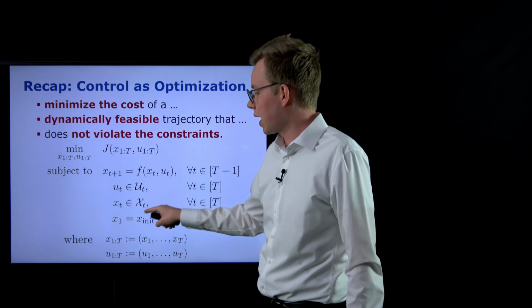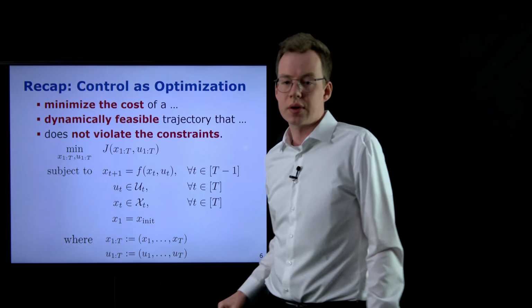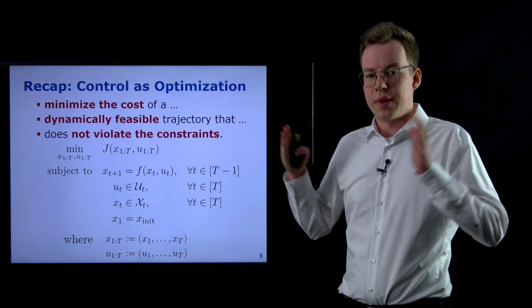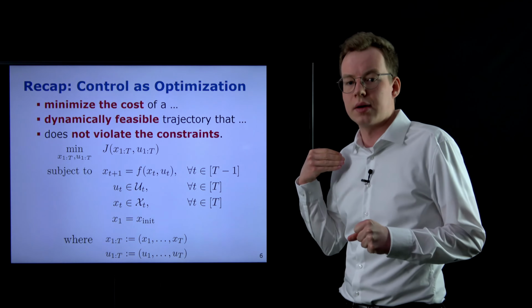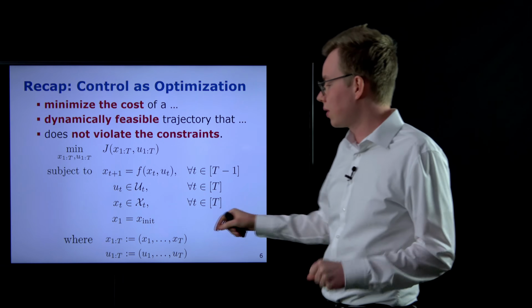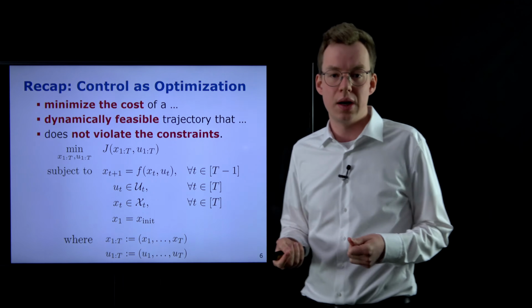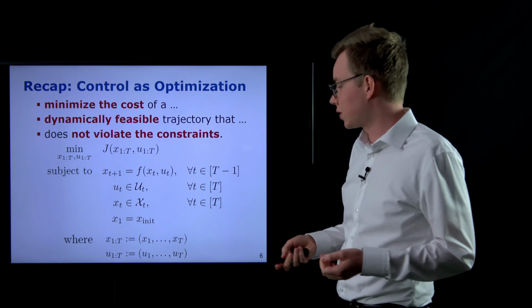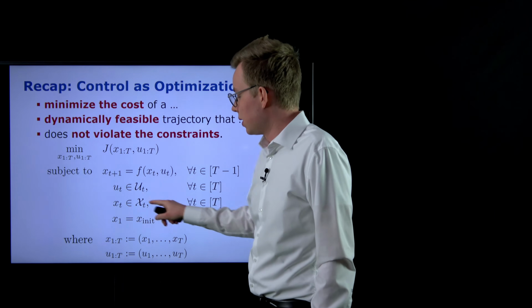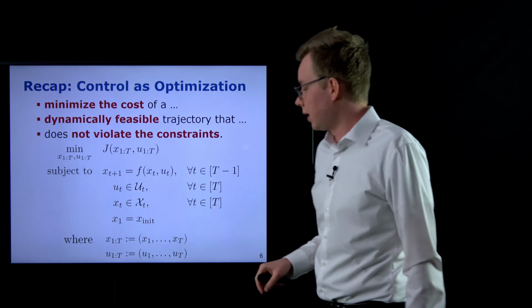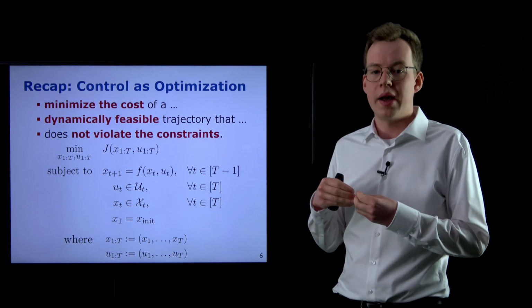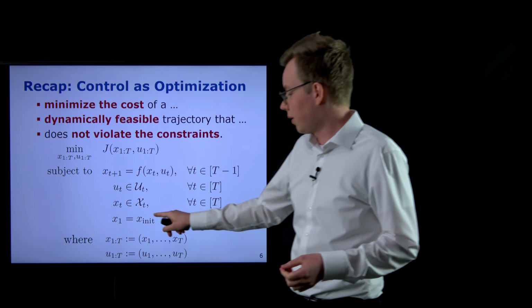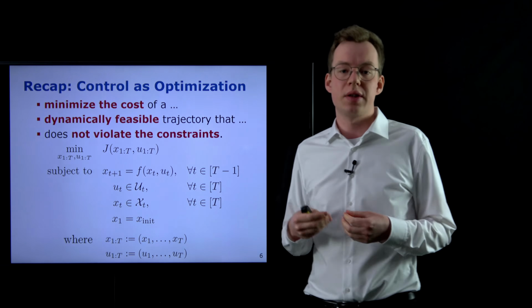Then we may additionally have some state and input constraints, meaning that we can only choose certain controls. Maybe we have a maximum acceleration, or for the state, a maximum velocity that we allow, or a maximum deviation from the track. And finally, we have an initial state constraint, meaning that all our plans must start from this X init, which we may get from our state estimation pipeline.